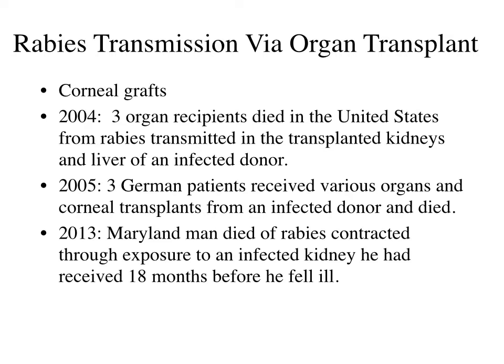They're not routinely screened for rabies. That's partly because the disease is very rare. An average of only 2 rabies deaths are reported in the United States each year, and partly because rabies testing can take weeks to return results. Human organs have to be transplanted very quickly and typically within hours of a donor's death.